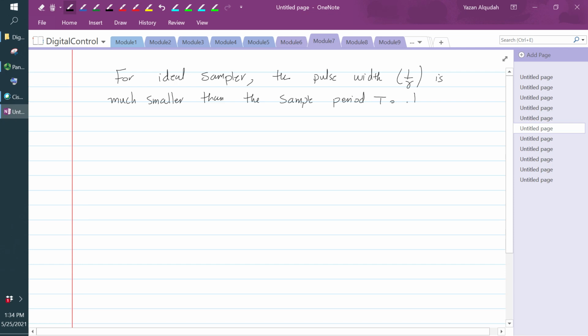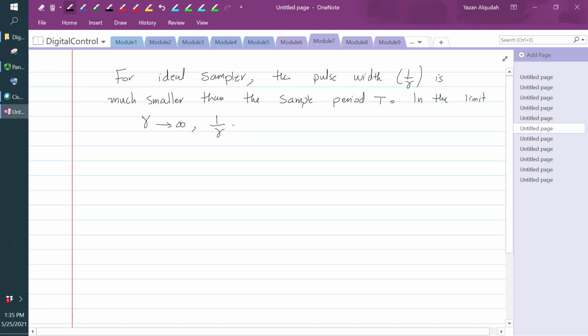And in the limit, if I take the limit when gamma goes to infinity, then 1 over gamma is going to go to 0.